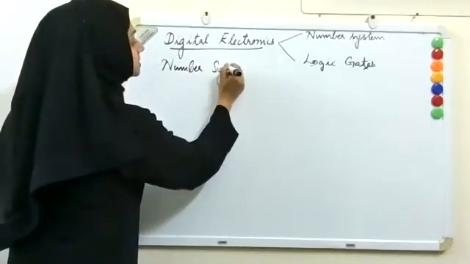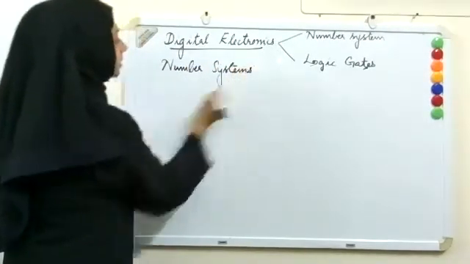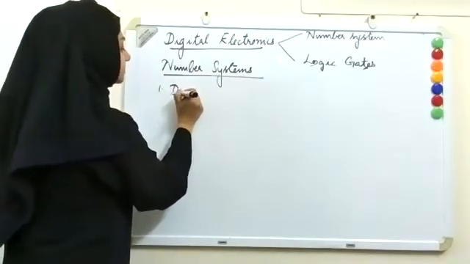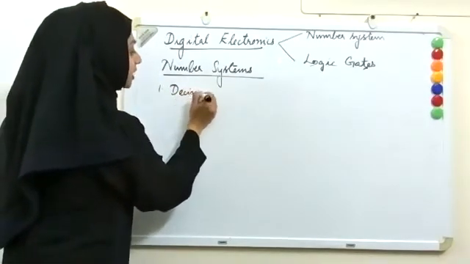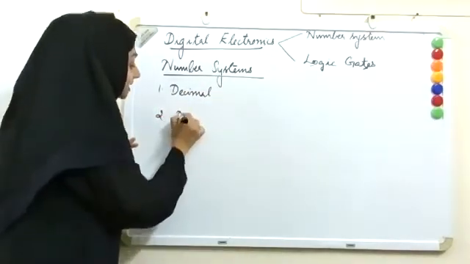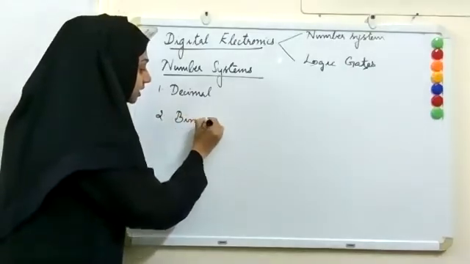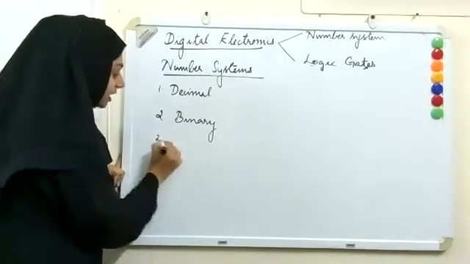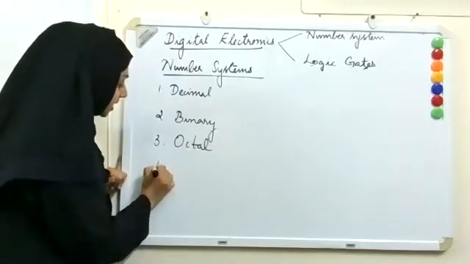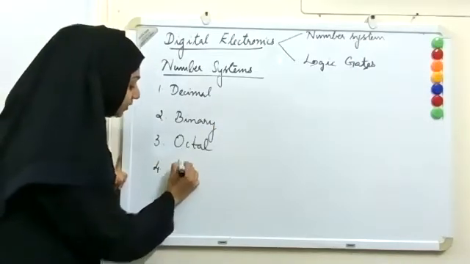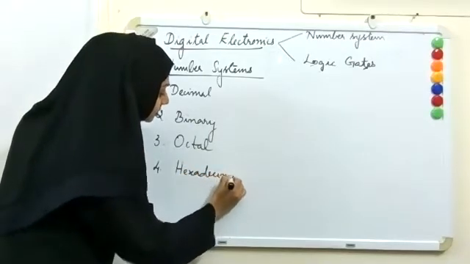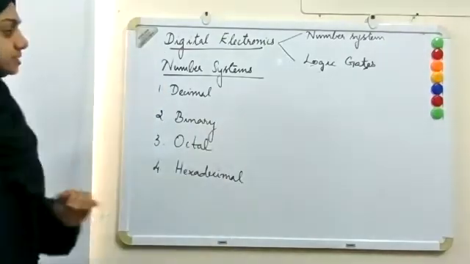One is the decimal number system, the one which we usually use. Then the binary, as you told. Then we have the octal number system, and then we will be dealing with hexadecimal number system.